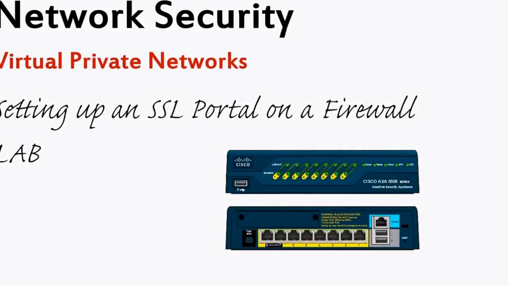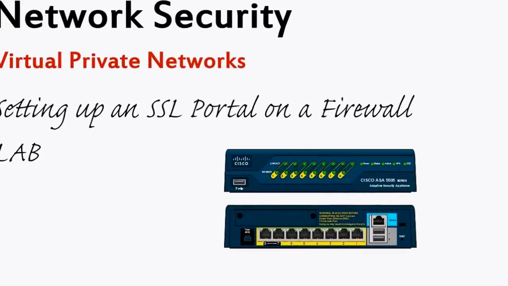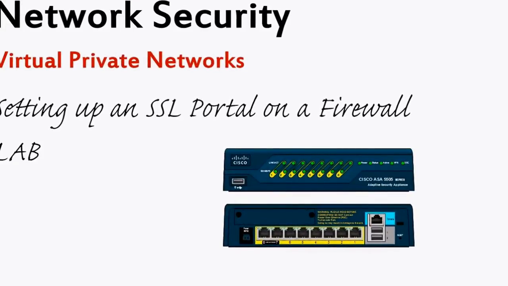Network security, virtual private networks. Setting up an SSL VPN portal on a firewall. I am going to use a Cisco ASA 5505 firewall and show you how to enable an SSL VPN on it. It will be a full lab.